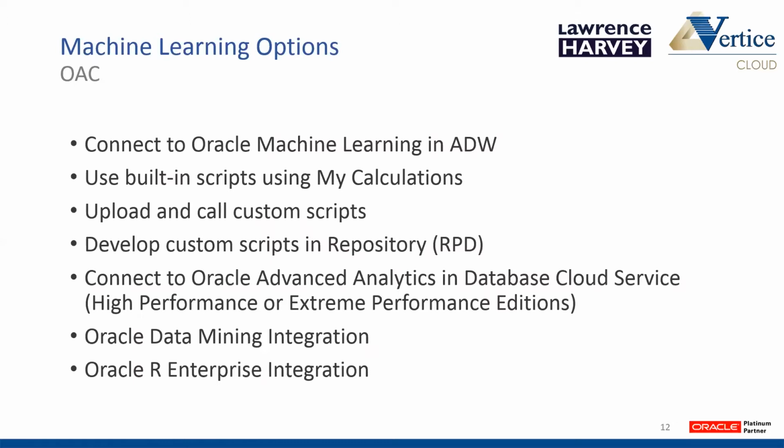You can connect to Oracle Advanced Analytics in a database cloud service, so that's on the high performance or extreme performance edition. This is the real heavy hitting advanced analytics for fraud detection and similar use cases. Then you have your Oracle data mining integration and your Oracle R Enterprise integration. So you can see there are multiple ways that you can get into machine learning just using OAC alone.